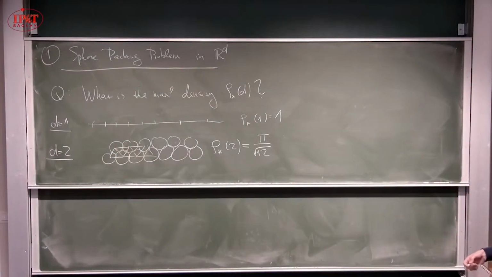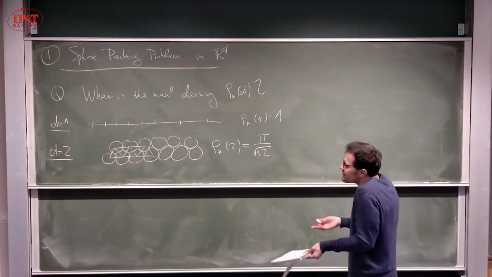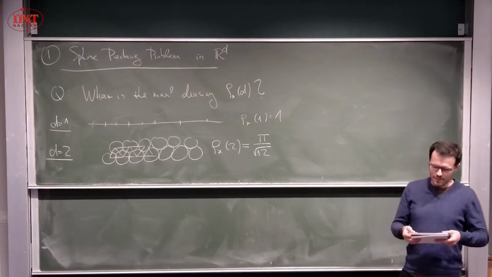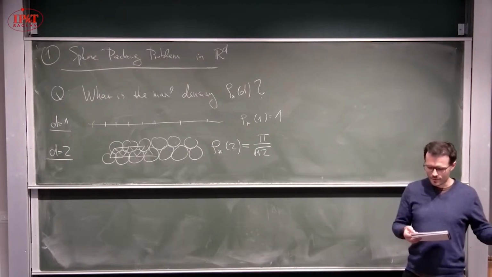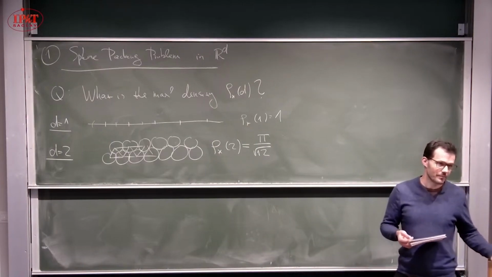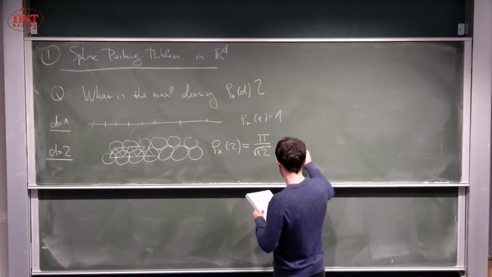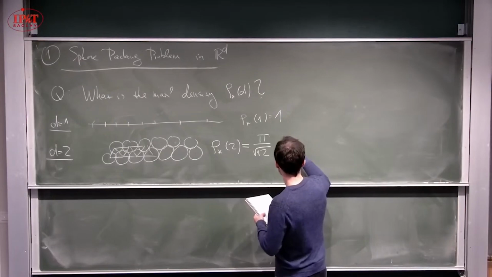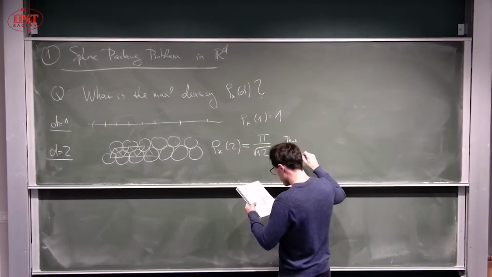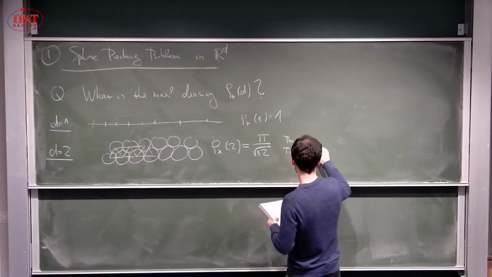It's very easy to see intuitively that there's nothing you can do better. But actually, the first proof, which is considered to be completely rigorous, only appeared in 1940, building on earlier work.